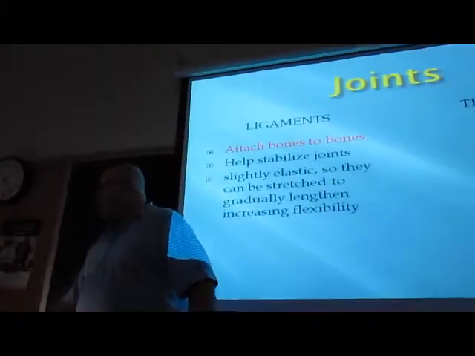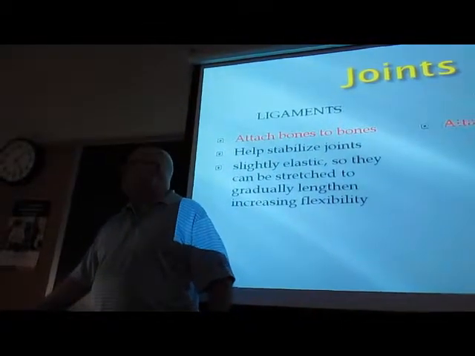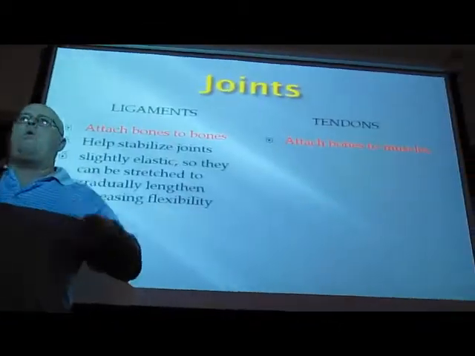Now, ligaments, they stabilize the joints and they can be stretched a little bit. Tendons are what would be the equivalent of, let's say we had a marionette. Now think about what a marionette is. That's the string puppets. And by themselves, the bones aren't going to do anything. So something has to go ahead and grasp on to move them.